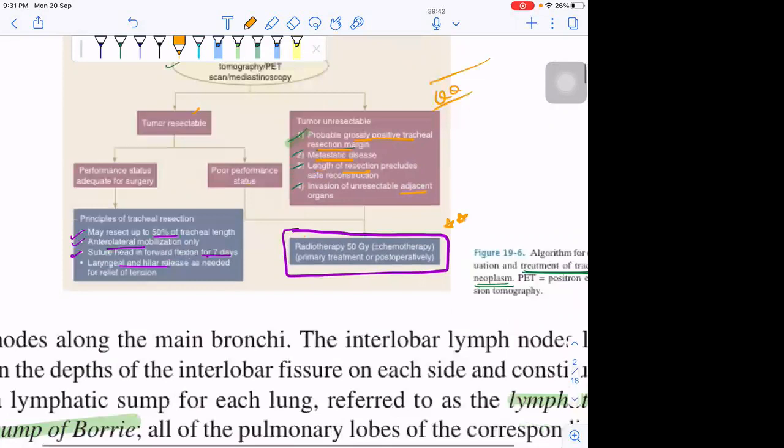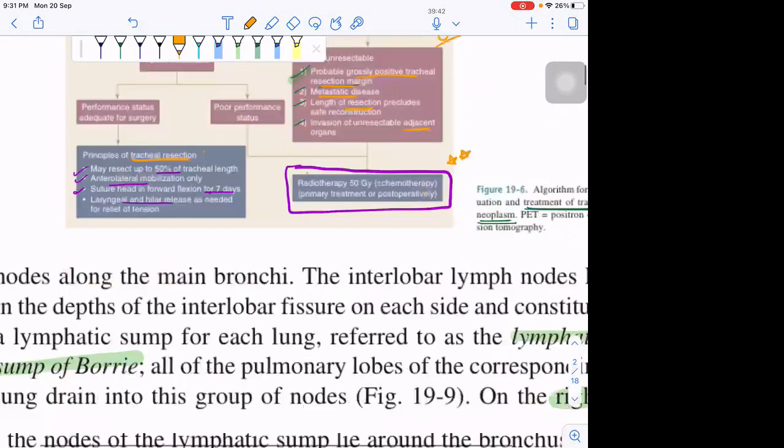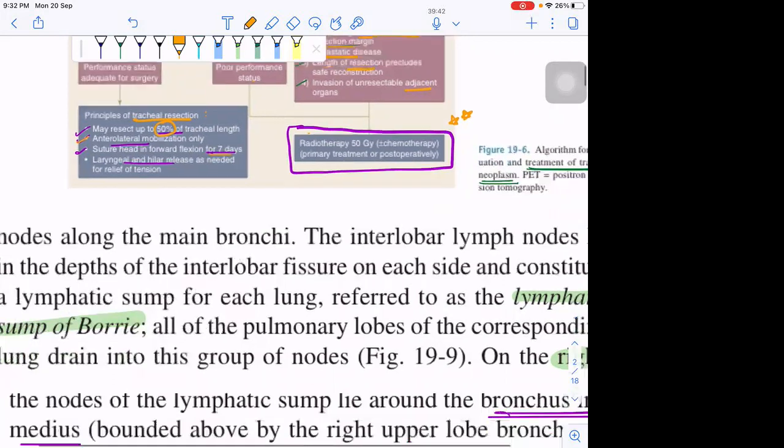If it is resectable, then you go for tracheal resection. There are many principles for tracheal resection. You can resect up to 50%, and do only anterolateral mobilization. Posteriorly, it should not be mobilized. Do only anterolateral mobilization and suture the head in forward flexion for 7 days.